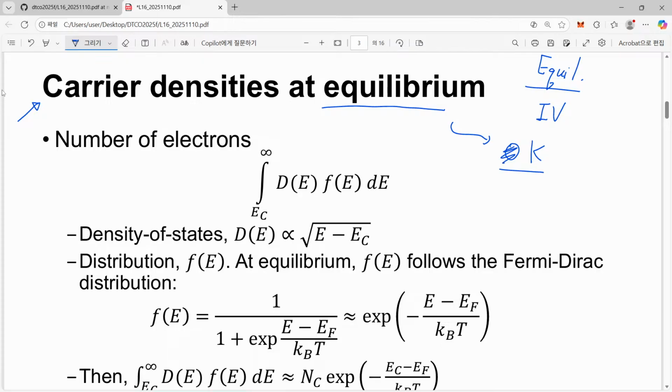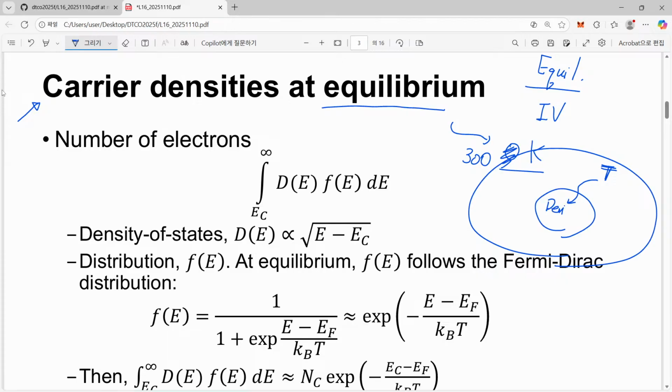Instead, we assume a certain temperature, typically 300 Kelvin; higher or lower is okay. But anyway, we assume that our device is surrounded by a certain heat bath, which is placed at a certain temperature, and this temperature is enforced on our device. That is our basic assumption.